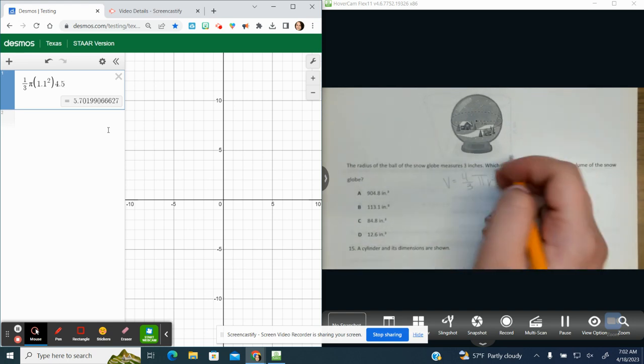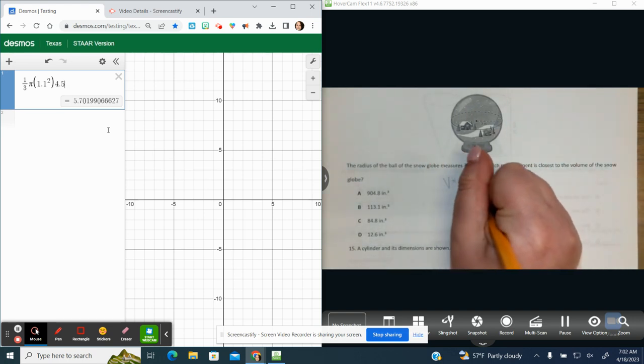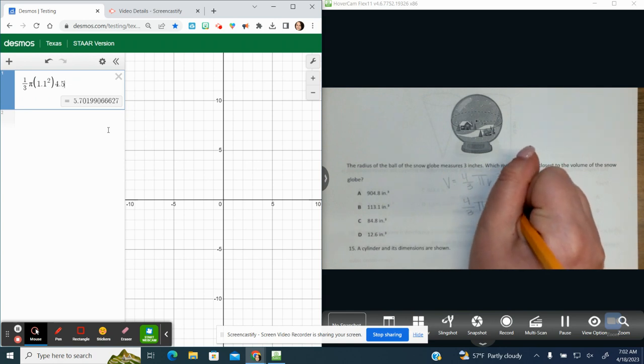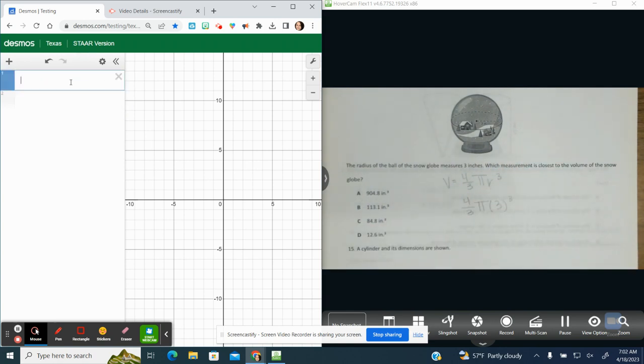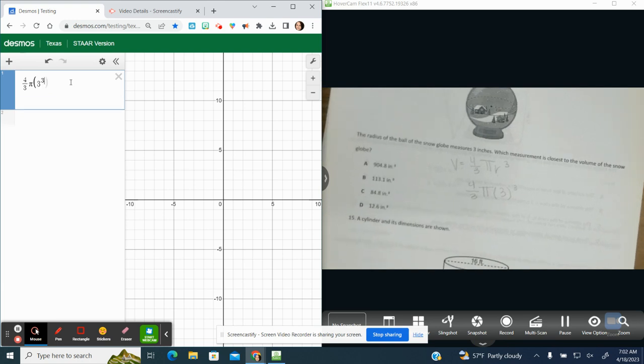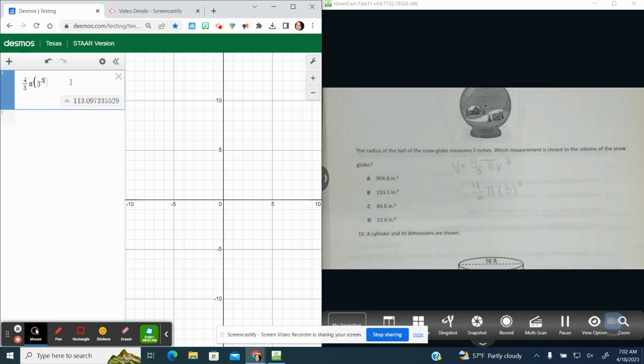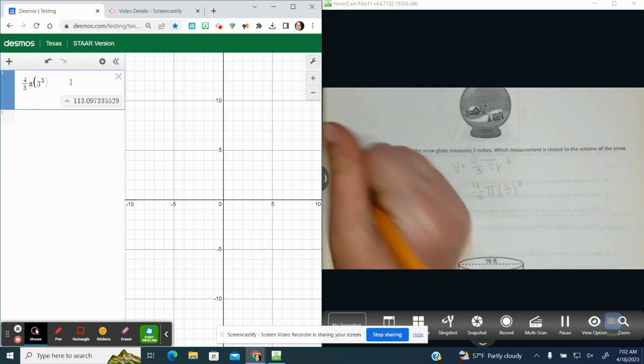And we plug in 3 for the radius. So 4 divided by 3, pi, 3 cubed. Oops. And we get 113.09, which is about a B.